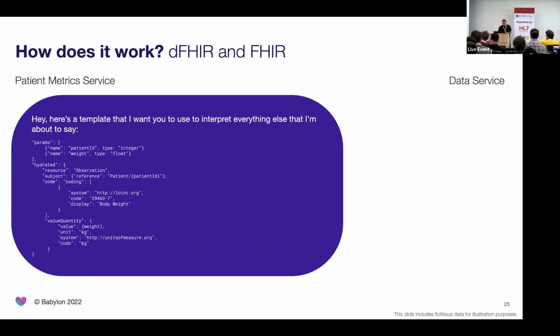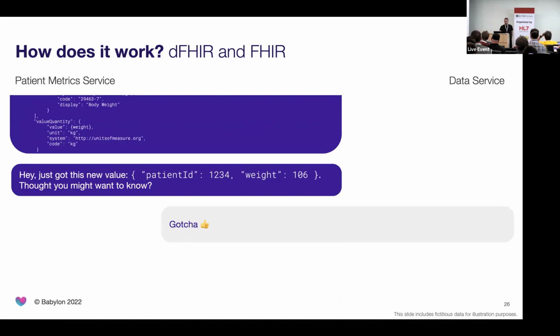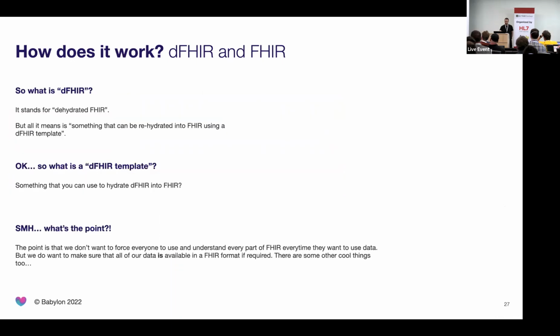On this one, you can see the patient ID is going to be interpolated into the reference Patient/patient ID, and the weight value is going to be put in the value quantity value bit. Everything else is pre-populated: the unit, the systems, the codes. It actually does a bunch more clever stuff than basic interpolation, but I'm not going to go into that now. So now the service can just say, hey, we've got this new value, thought you might want to know, and our data service can understand it really easily.